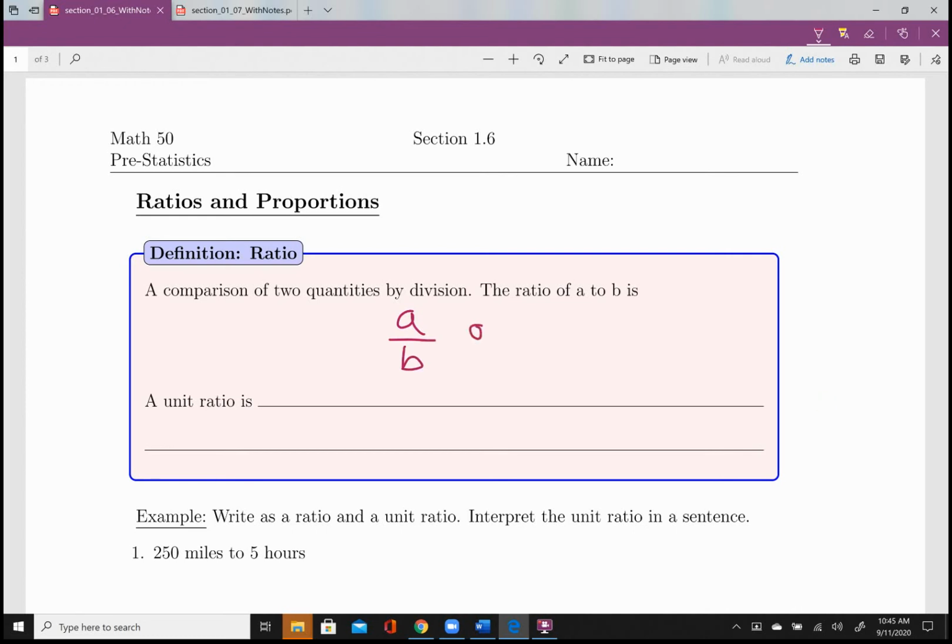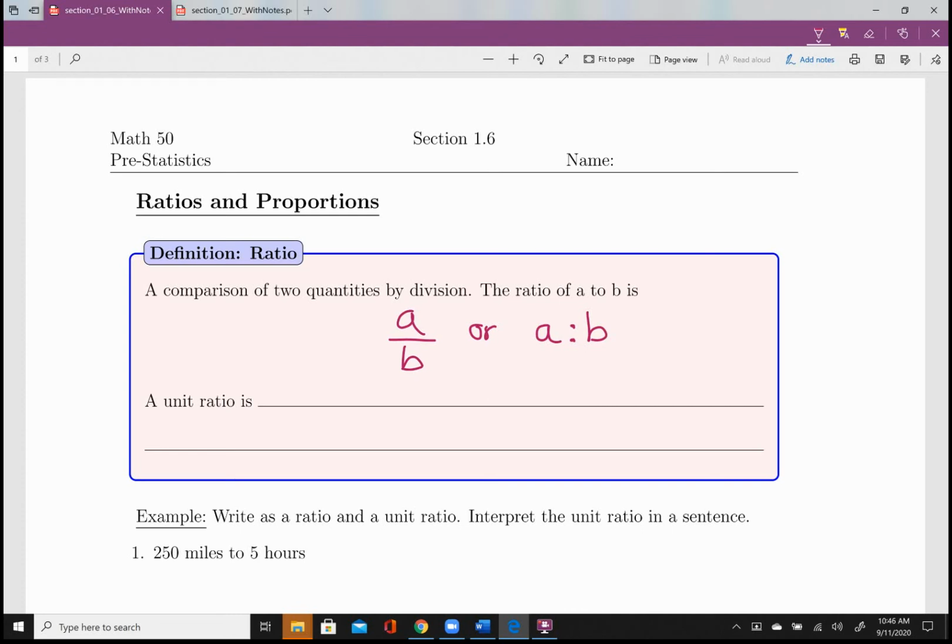Sometimes you could have, given the context, a colon representation in which the first item mentioned, A, would go before the colon, B would go after the colon. Otherwise, it's a fraction representation in which the first thing mentioned is in the numerator and the next thing mentioned after the word "to" goes in the denominator.